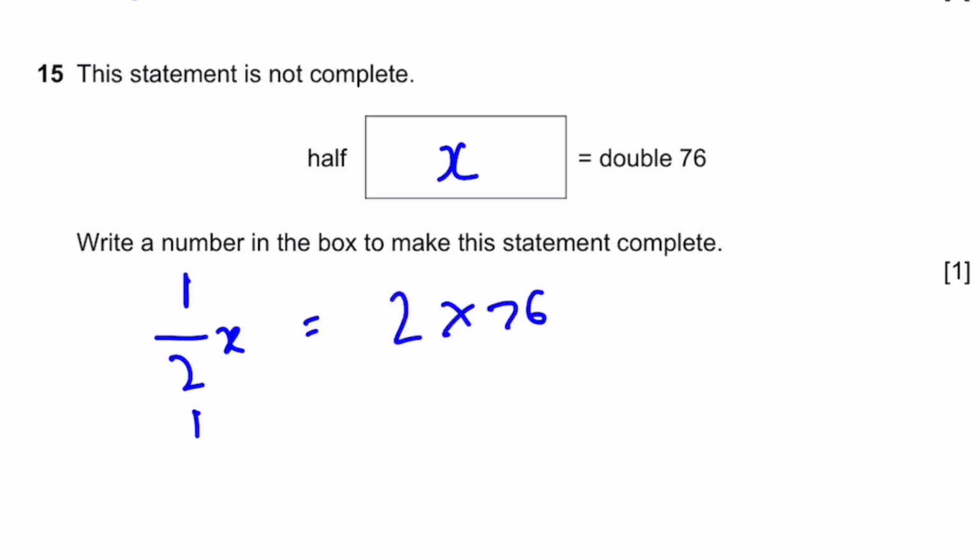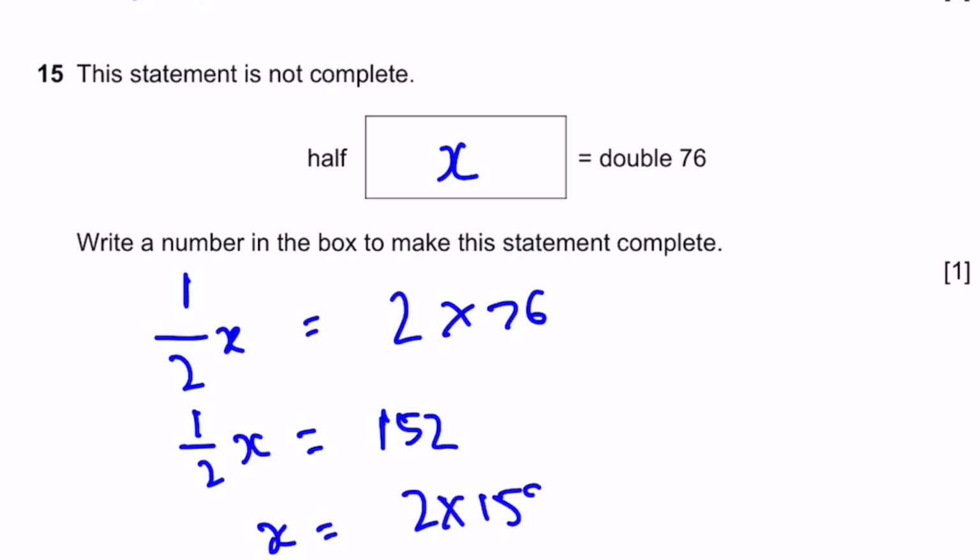And that means half of x is equal to, what's 2 into 76? 152. That means x is equal to 2 into 152, and 2 into 152 is 304. Therefore, we can say that half of 304 is equal to double 76. That's the answer.